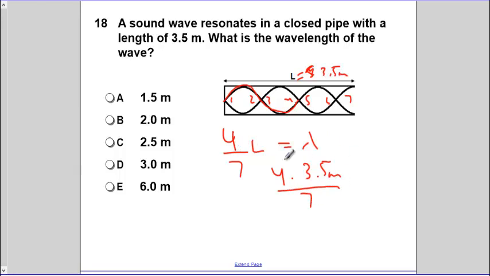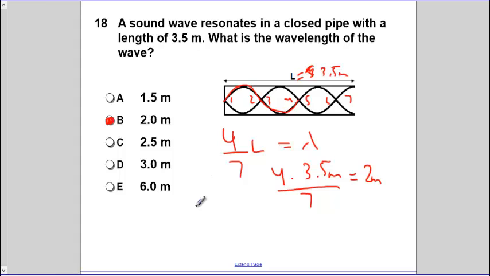Well, let's get our old calculator out just for fun. Whoa, getting carried away. 4 times 3.5 is 14, divided by 7 is 2. I probably didn't need the calculator to do that, but anyhow. So the answer is 2 meters.